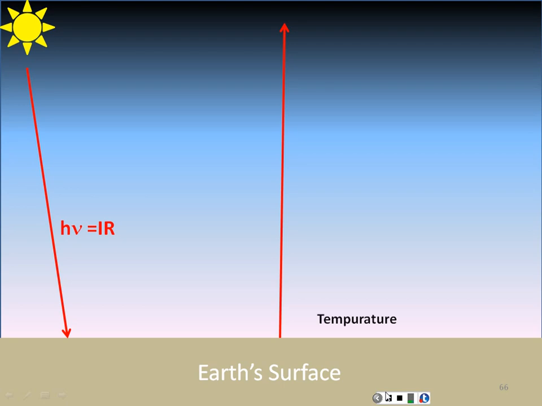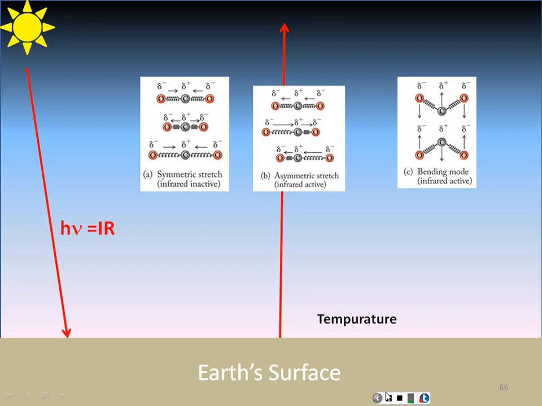But if we have too many molecules in the atmosphere that now absorb that IR radiation, that infrared light, and don't let it be reflected back into space, the temperature that is usually pretty constant at the surface of the Earth now rises and gets hotter and hotter, and this is what's known as the greenhouse effect.